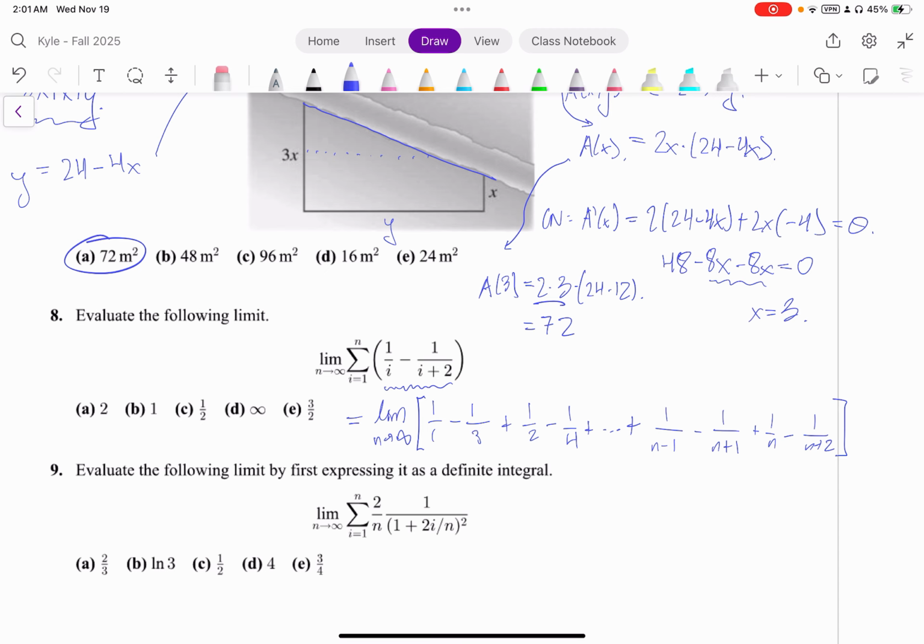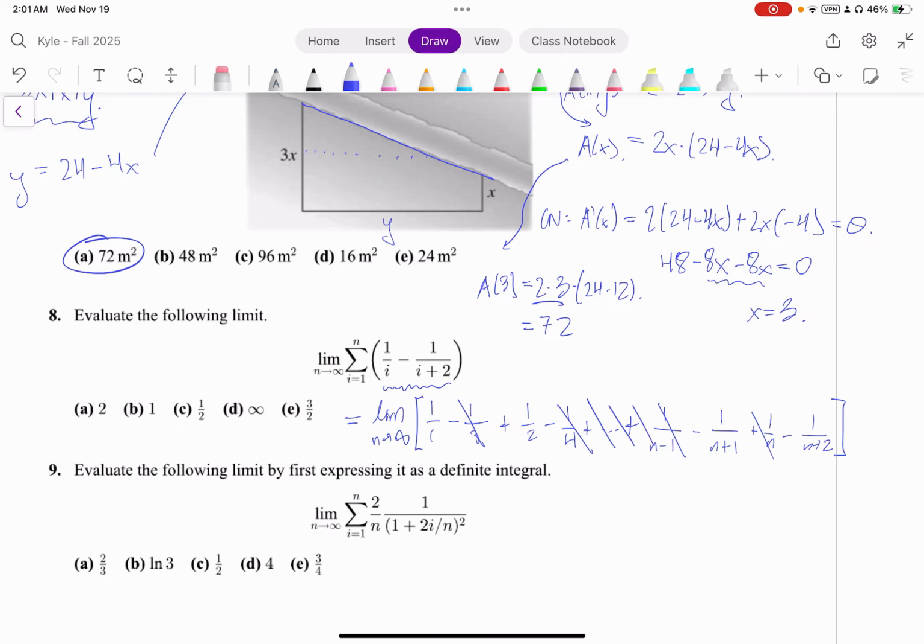So all of these middle terms are going to cancel. The 1/3 will cancel with a hidden 1/3. 1/2 will cancel up until, oh no, the 1/2 won't cancel with anything. And then we're going to be left with an extra 1 over n plus 1 and then 1 over n plus 2.